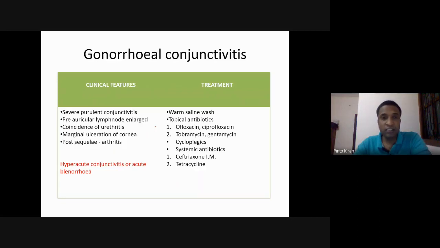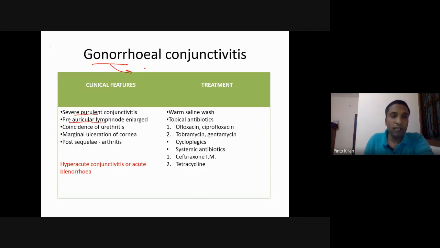Out of which, one of the most important is gonorrheal conjunctivitis. It's a very severe purulent conjunctivitis. Neisseria gonorrhoeae is a gram negative diplococcus which causes a very severe purulent conjunctivitis, and the patient will have preauricular lymph node enlargement.